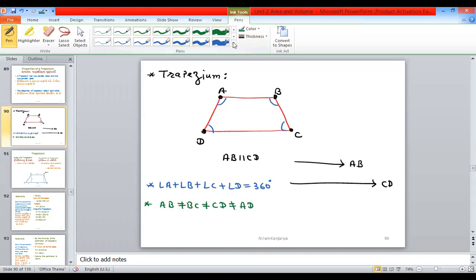If you draw any diagonal, AC and BD are the diagonals.